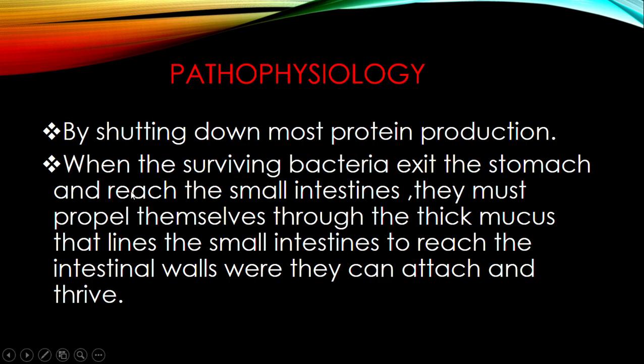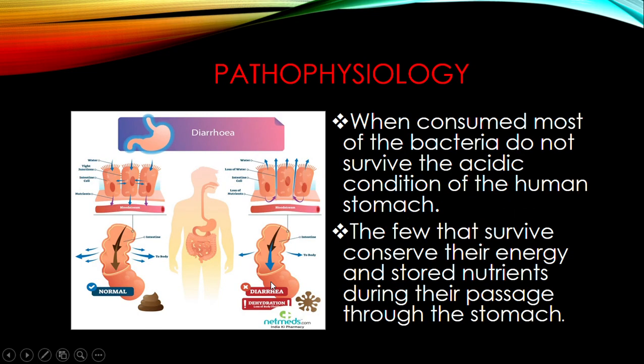So when the surviving bacteria exit the stomach and reach the small intestines, they start to propel themselves through the thick mucus that lines the small intestines to reach the intestinal wall, where they attach and thrive. So from the stomach, they move to the small intestines. Now, as we know, the walls of the intestines are very thick.